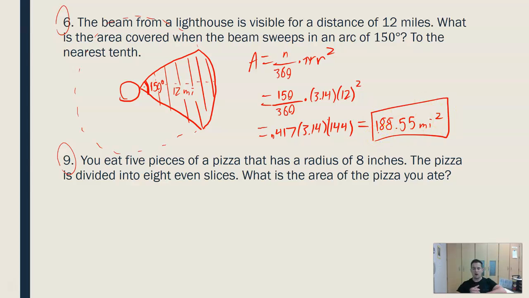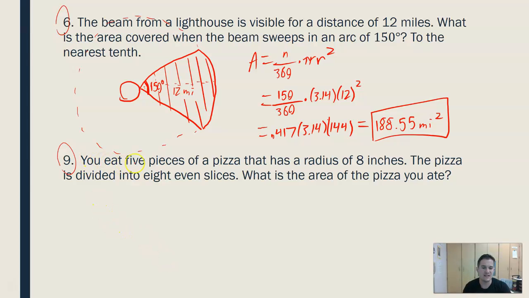So there are 188.5 square miles that this beam is able to reach on the ocean for all these lost ships coming in from sea. That's a pretty large area, even though the beam only goes out at a 12-mile radius. So that kind of gives you some perspective as to what the area we're trying to find is.